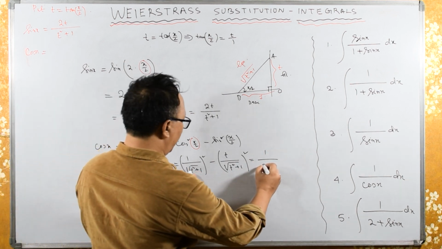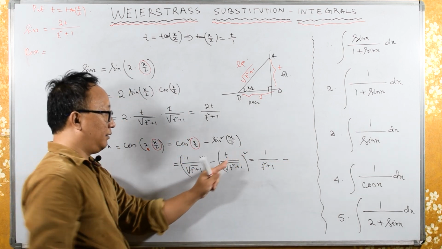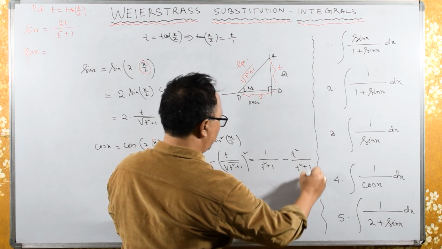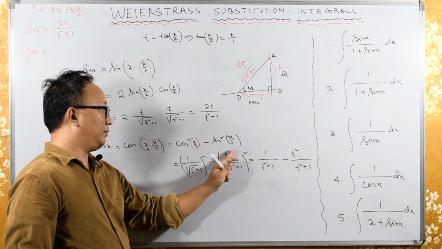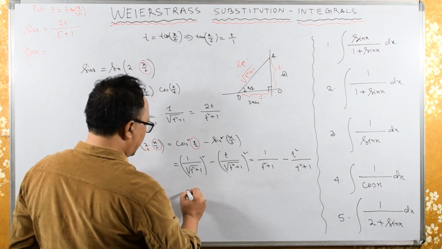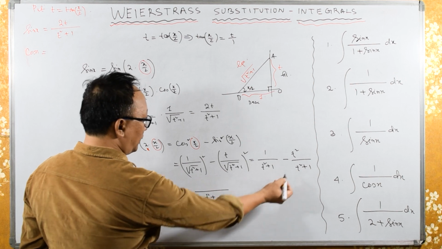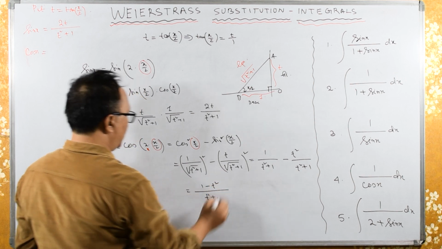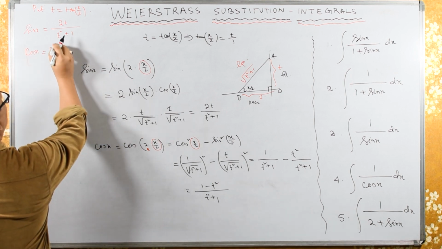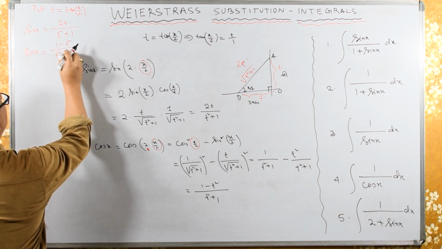So it will be t square plus 1 minus t square upon t square plus 1. The square root of this is t square, the squares cancel, t square plus 1. Let's take the LCM. The LCM will be t square plus 1 in the denominator, and the numerator is 1 minus t square. Therefore cos x is 1 minus t square upon t square plus 1.